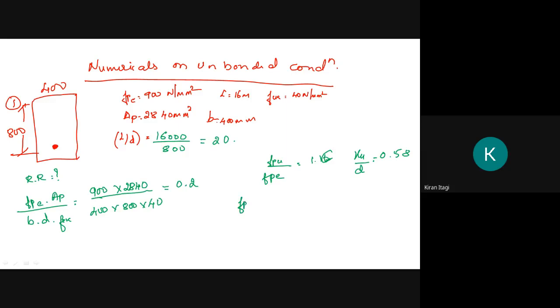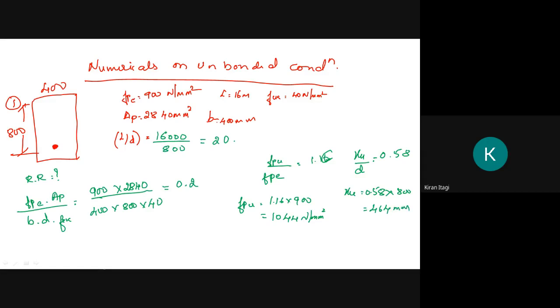FPU equals 1.16 into FPE. How much is it? It is 900. On simplification you will get 1044 Newton per mm square. Now XU is given by 0.58 multiplied by D, the effective depth, which is 800. XU, the depth of the neutral axis, will be 464 mm.